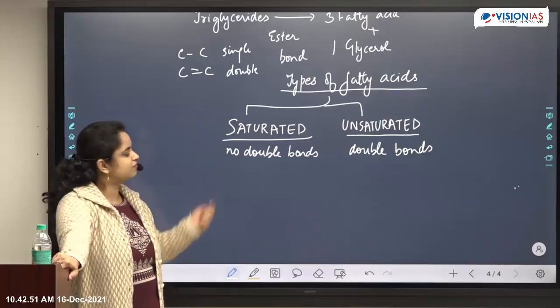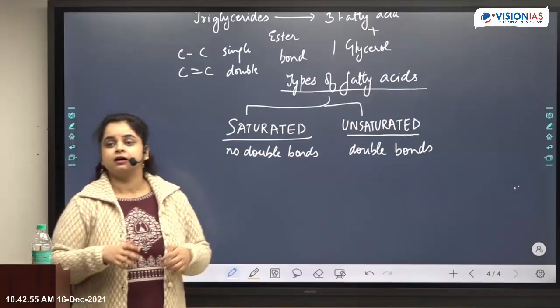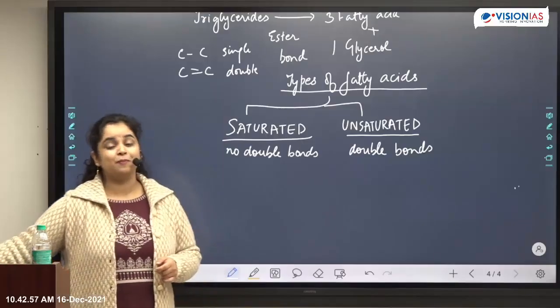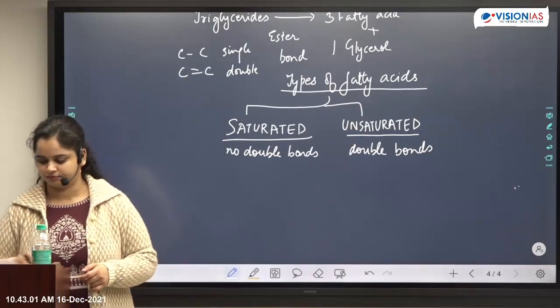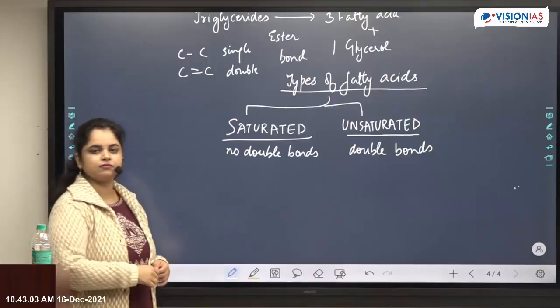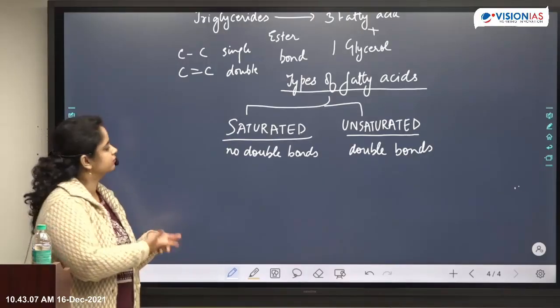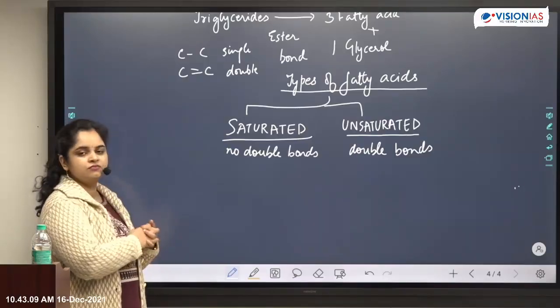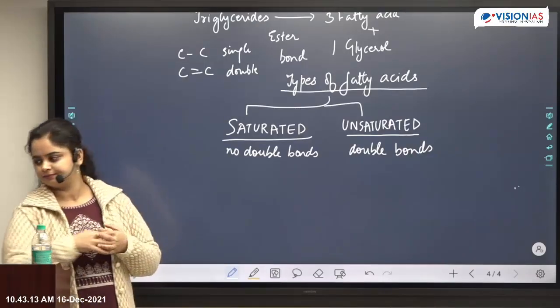So the examples which you can write here for saturated are ghee, butter, cheese, and of course coconut oil.